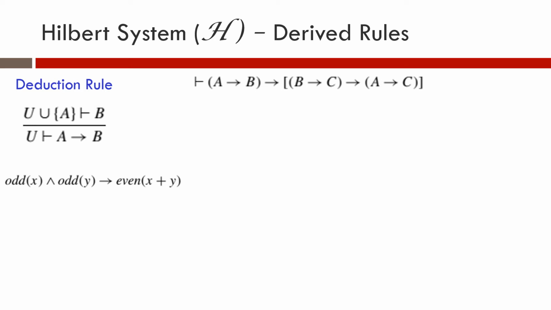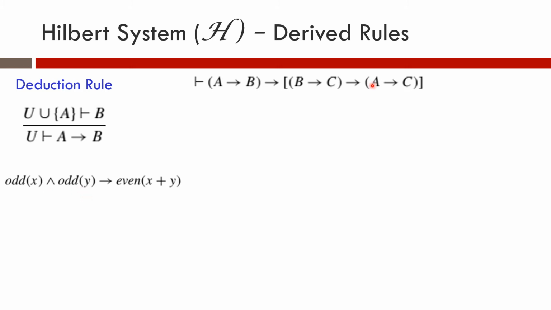So under the assumption that x is odd and y is odd, we can say that the sum x plus y is even. Which means that with this set of assumptions, we can prove the formula on the right side of the implication. Whatever is on the left side of the implication, we can include it in the set of assumptions.